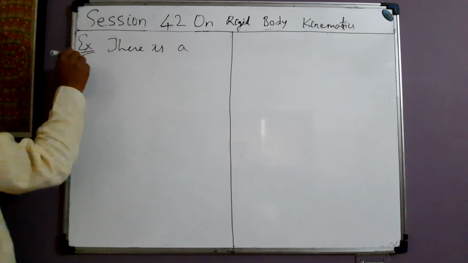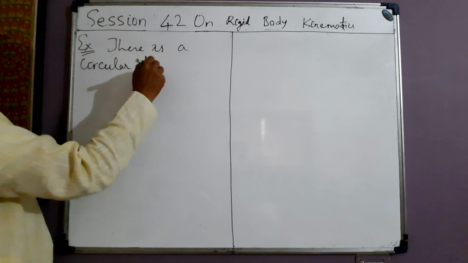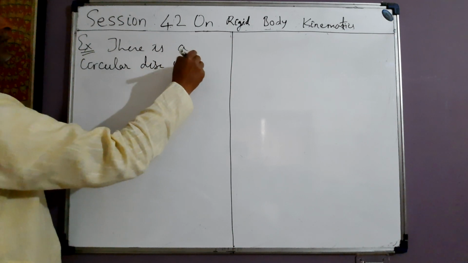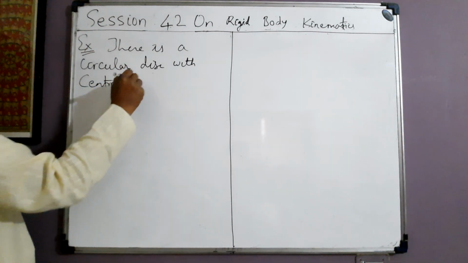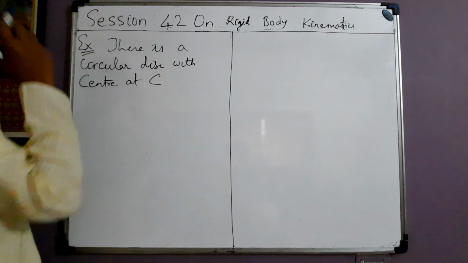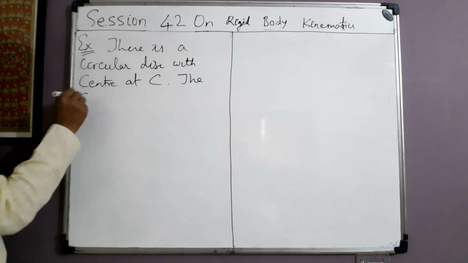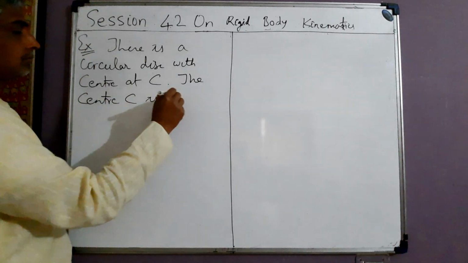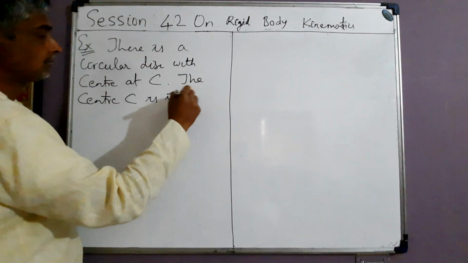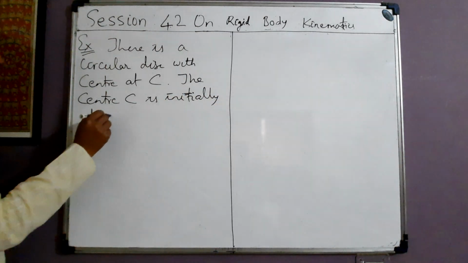There is a circular disc with center at C. The center C is initially at origin.